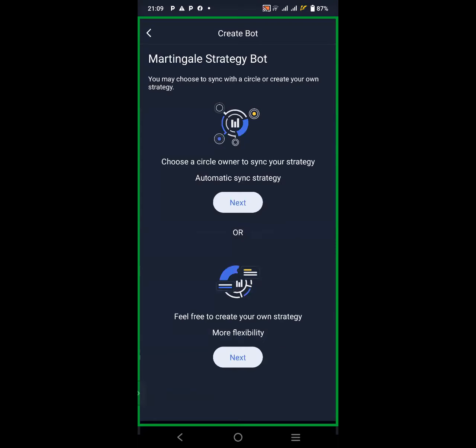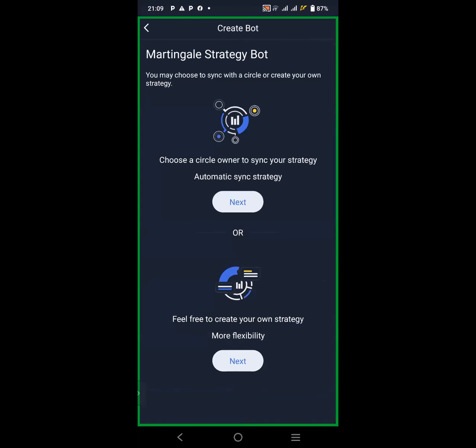Now, there is a create bot page with information there. The first option on top is for you to go with professional traders whose strategy you can copy, but we're not going to follow that route. We are creating our own strategy and we've already created. You see at the bottom there, they say, feel free to create your own strategy for more flexibility.